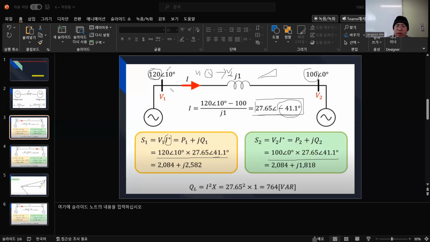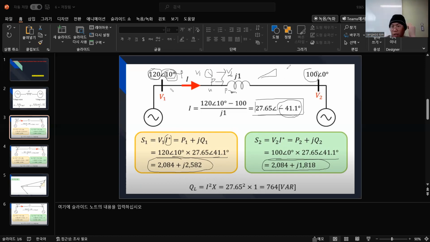V1. And the angle is, I said, P, active power, right? And also this is the higher number, right? P, also V1 to V2. Let's see what happened. If we use a calculator, we can get this number.